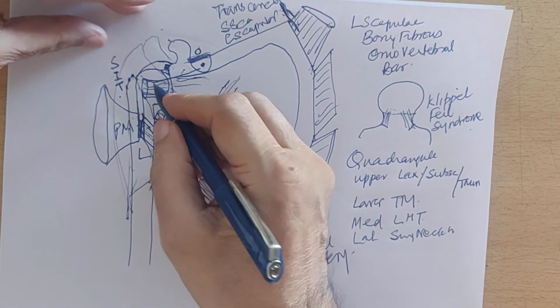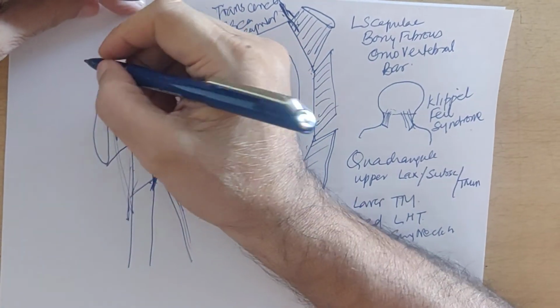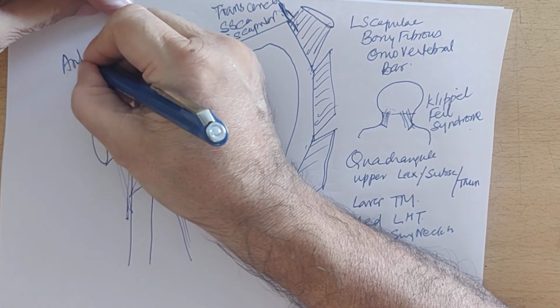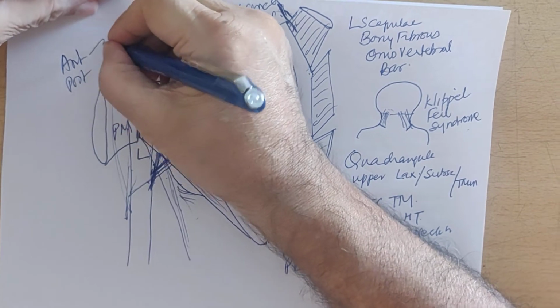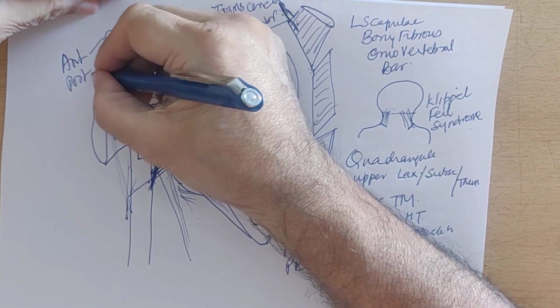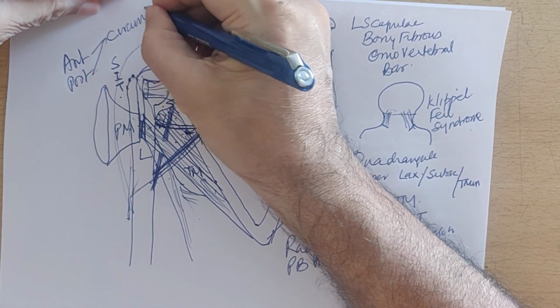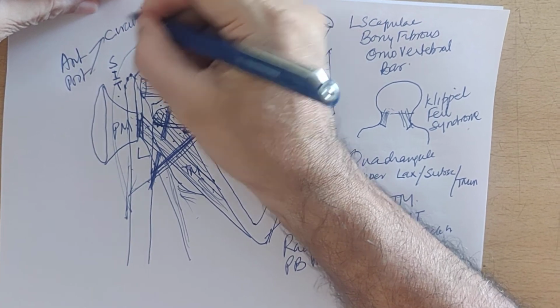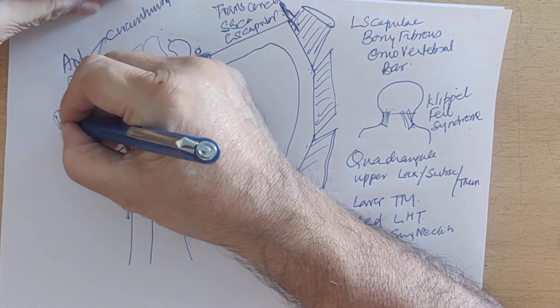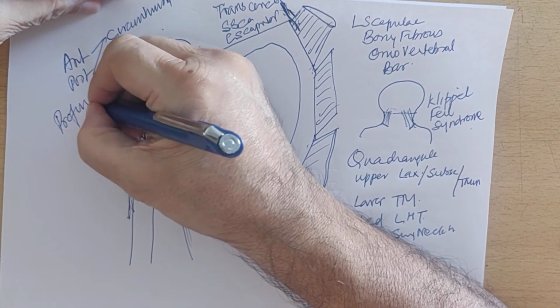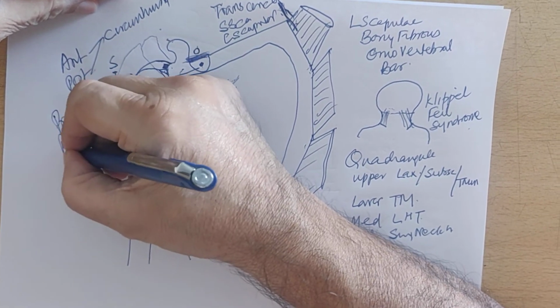So the anastomosis around the shoulder consists of the anterior and posterior circumflex humeral arteries and the ascending branch of profunda brachii.